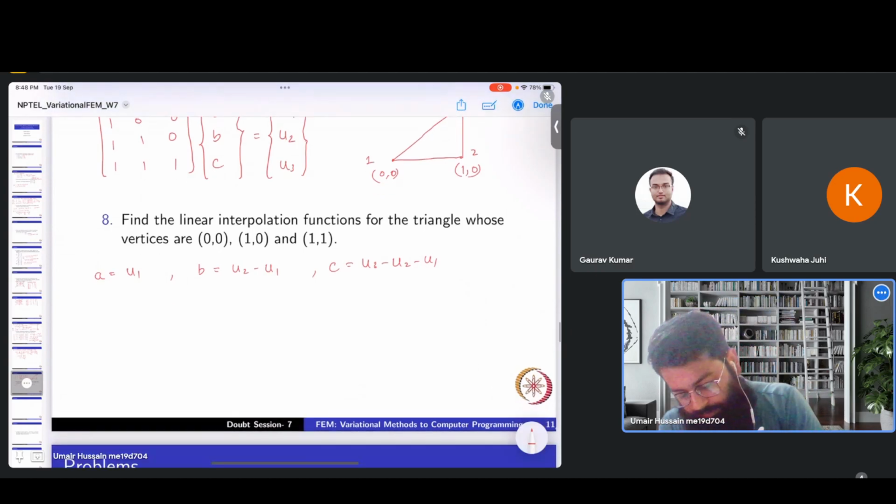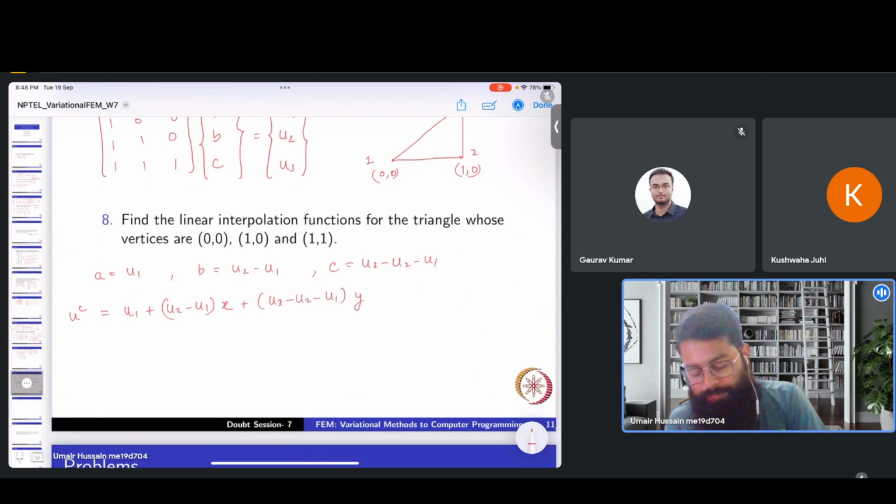So our approximation function would be A plus Bx plus Cy. Okay, so we write this. We get the coefficient of U1 as 1 minus x.